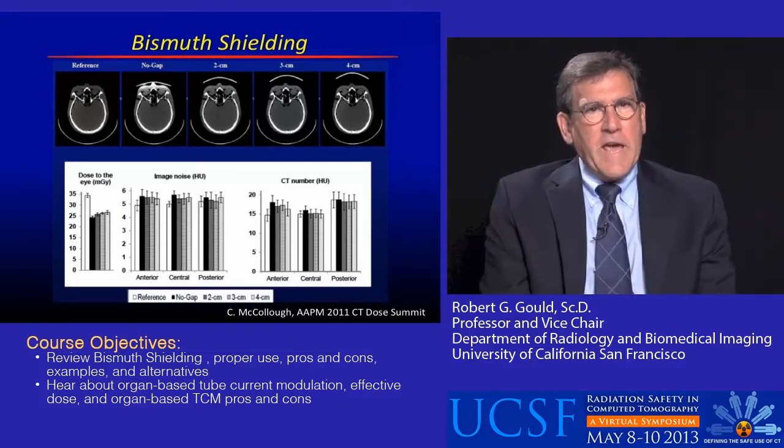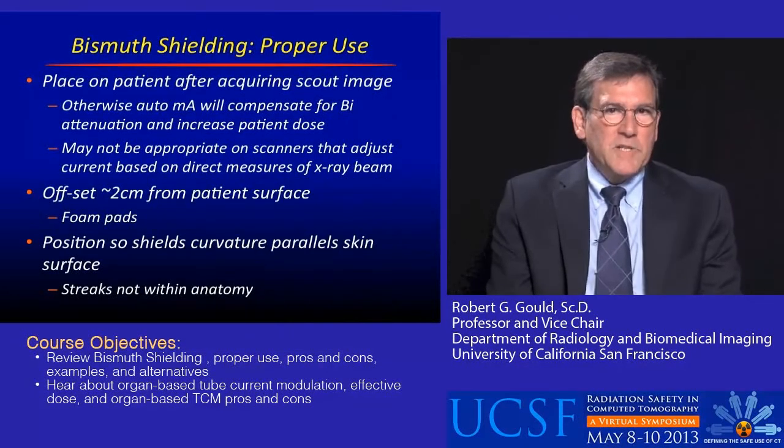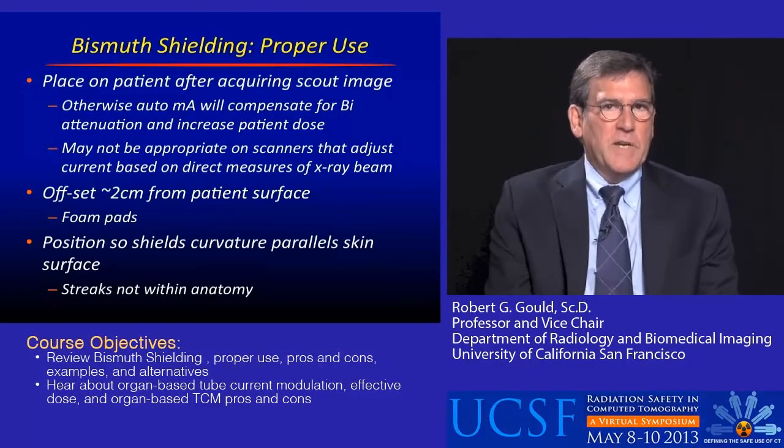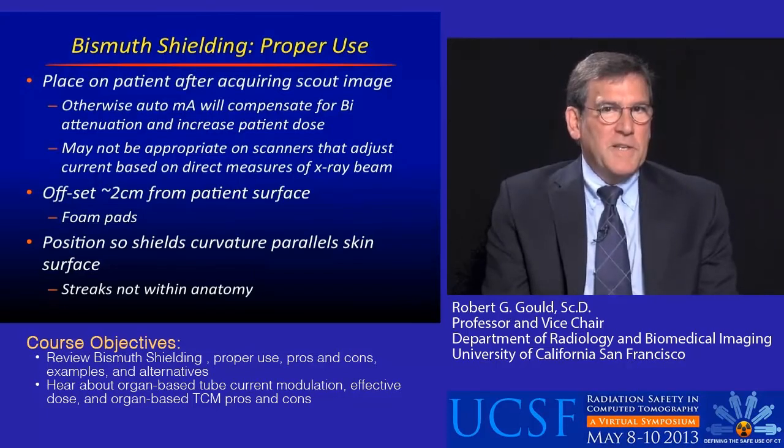So these have to be used very carefully. In other words, some training is required, not extensive training, not difficult training, but definitely the technologist needs to be involved, needs to be trained on how to use these. So the bismuth shields are placed on the patient after the scout image is acquired. So you don't want the auto-mA compensating for the bismuth.